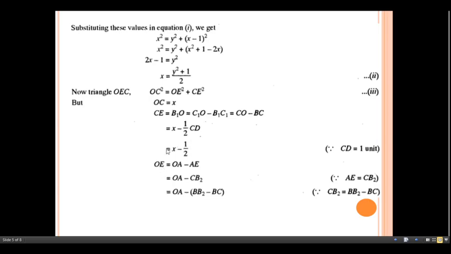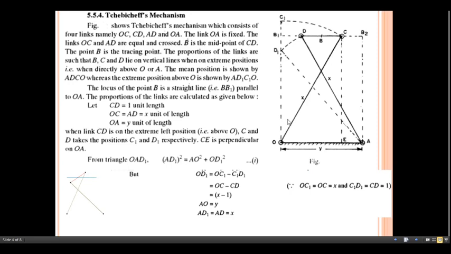So what about this OE? Right now we are doing the analysis for OC, then OE, then CE. Already OC we have in terms of X, then CE is in front of you. So what about OE? From the diagram, OE is nothing but the total length OA minus EA.